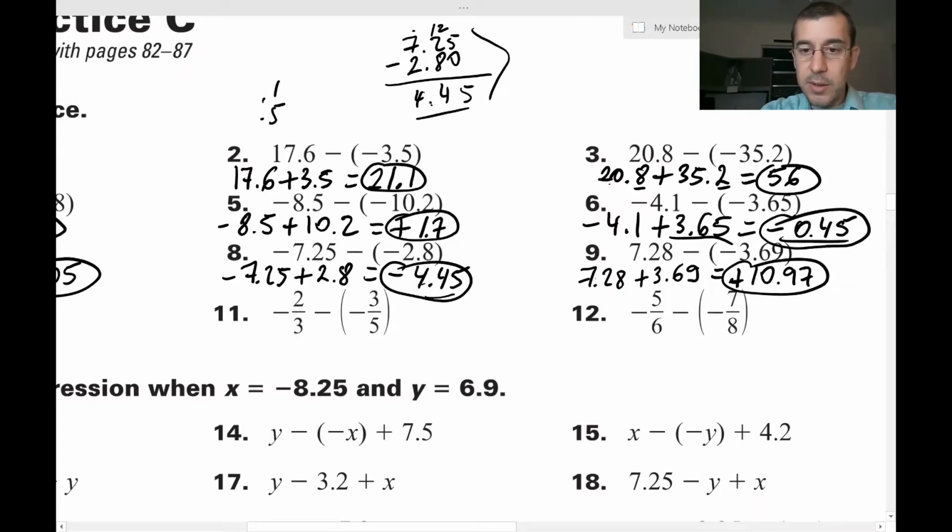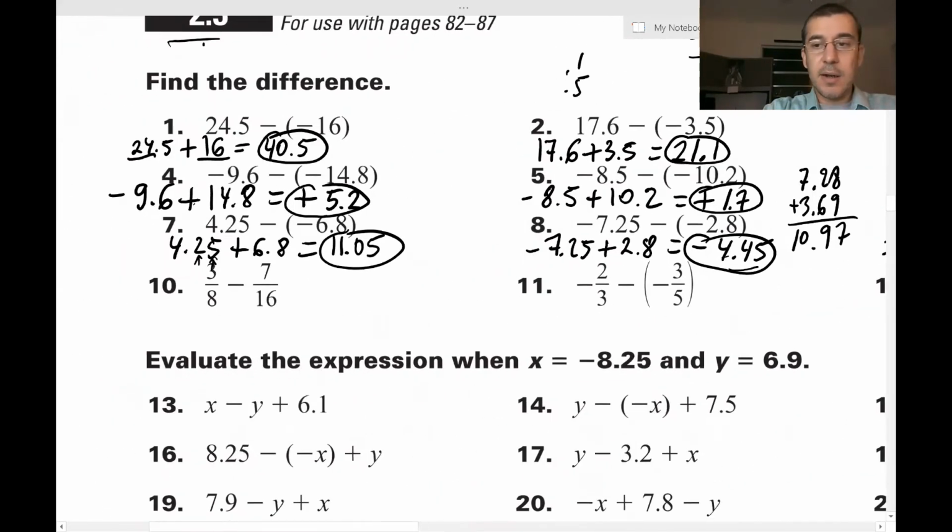And let's do it again. So 7 and 3 is 10. Yes. So you can always do it on the side here to verify if you're not sure. 9 and 8 is 17. 7 and 1. 6 and 2 is 8. And 1, 9. 7 and 3 is 10. 10.97. That's what we got.